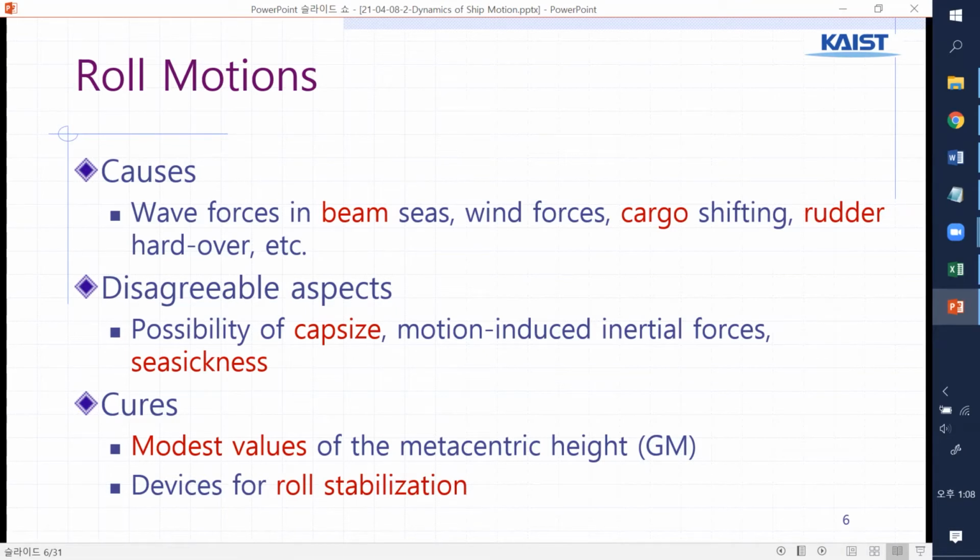And here it is saying a modest value rather than a high value or low value. In static stability, a higher GM is preferred, but now it is saying modest. You can say there is an optimal value rather than bigger is better or smaller is better.